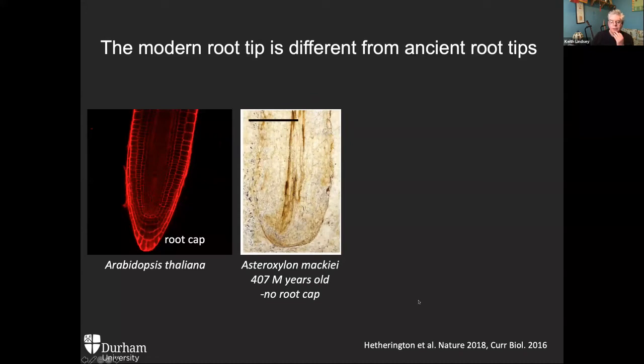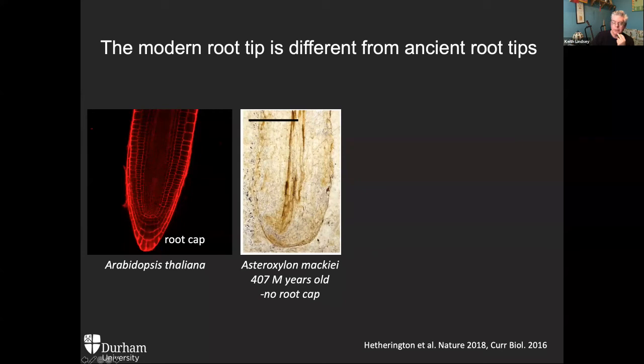But if you look through the fossil record, this plant here called Astraxylon, which was discovered in the Rhynie Chert, a geologically very old fossil bed, 407 million years old, has no root cap.